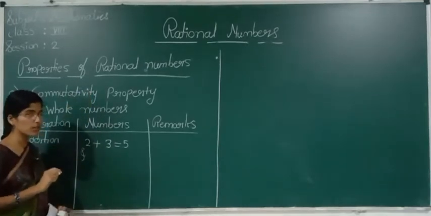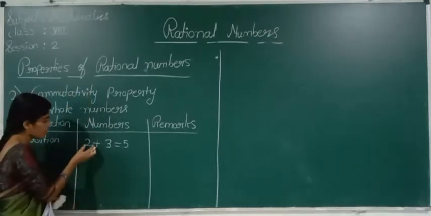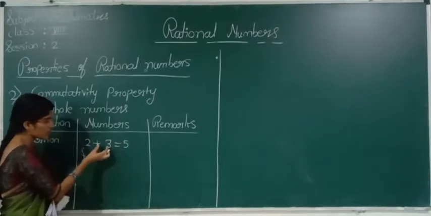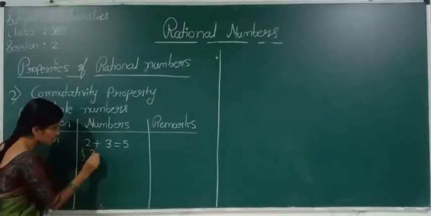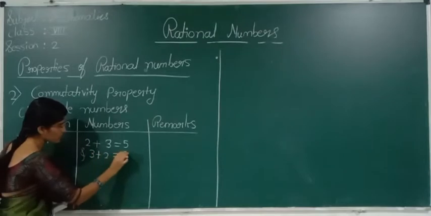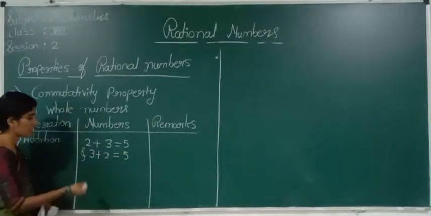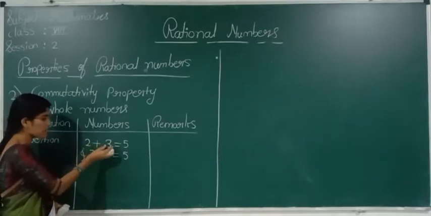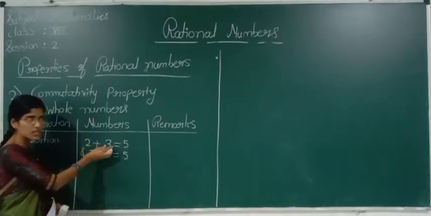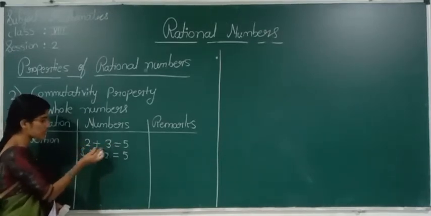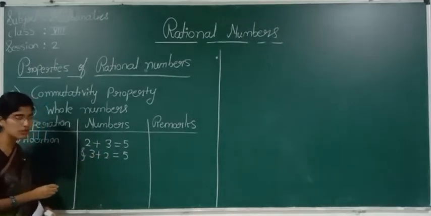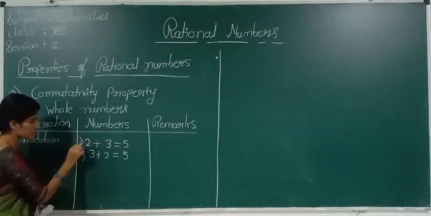You know what commutativity property is, right? 2 plus 3 is 5. Now change the order. 3 plus 2 is equal to 5. In general, if a and b are two whole numbers, then a plus b is equal to b plus a. Yes or no? So this is the first example.